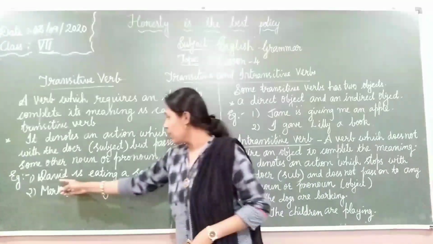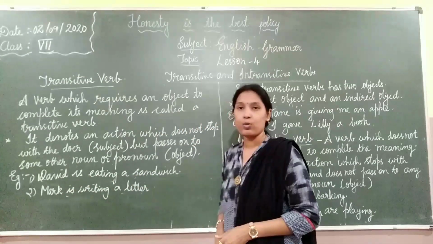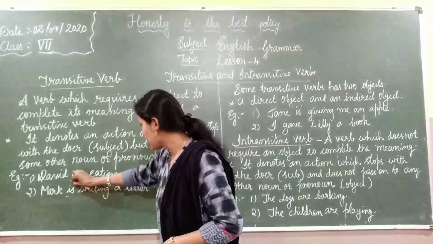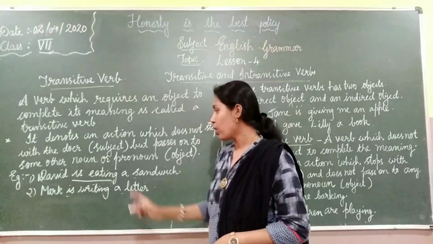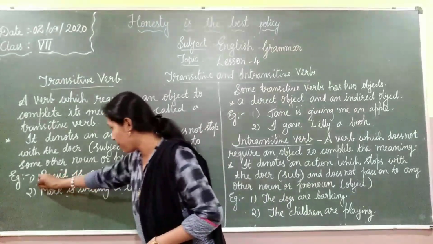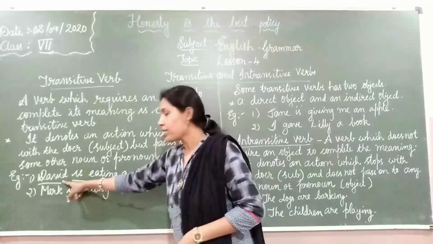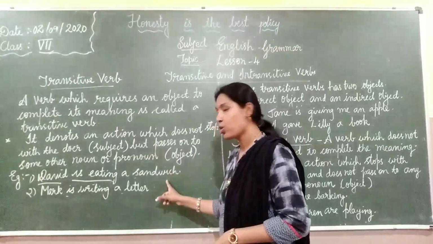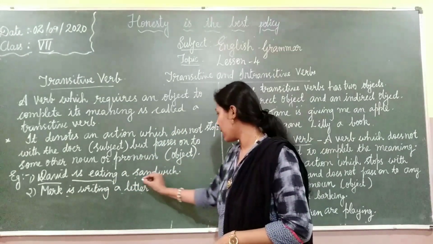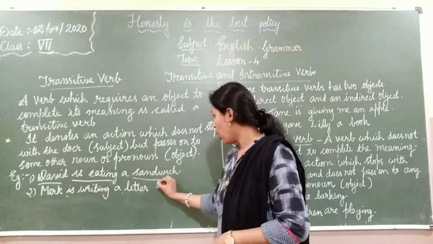See the example. David is eating a sandwich. What is the verb here? Is eating. Right? And what is the subject here? David. So this verb is not stopping with the subject. It is passing on to some other noun or pronoun, that is the object. This is the object.